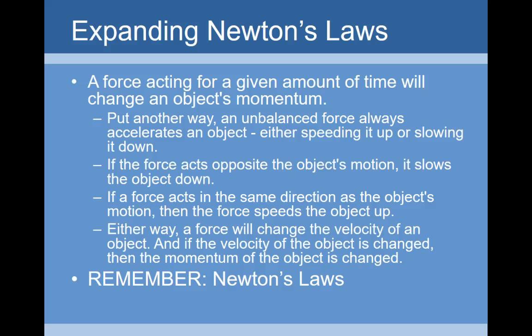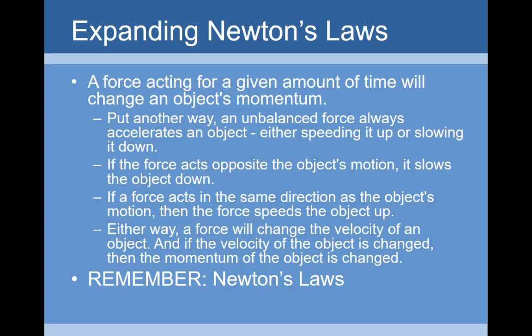If we want to think about momentum, we want to think about impulse, which we'll bring up in a second, and we can directly relate them back to Newton's laws. In particular, we're going to use Newton's second law to talk about momentum and impulse. Put another way, an unbalanced force always accelerates an object, F equals ma, speeding it up or slowing it down.